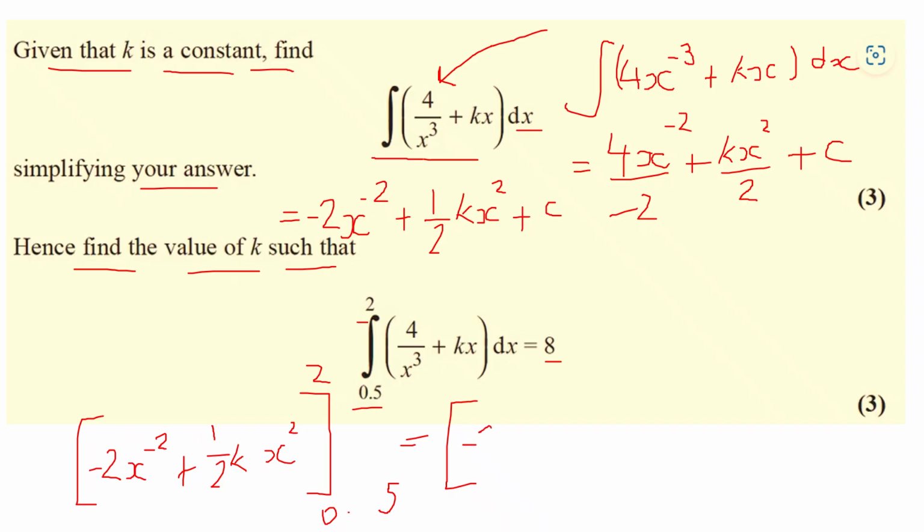So on the top, we're going to have minus 2 brackets 2 to the minus 2 plus a half k times 2 squared, so half k times 4.